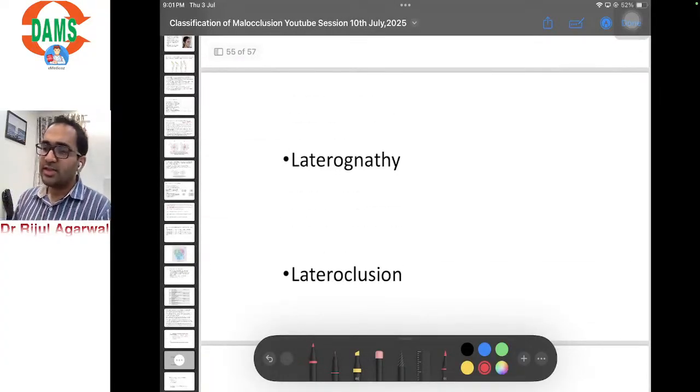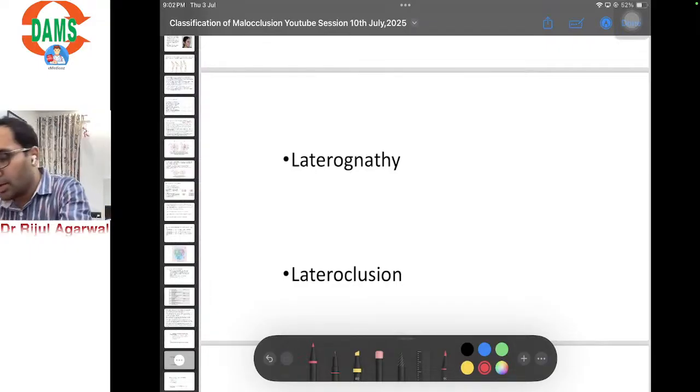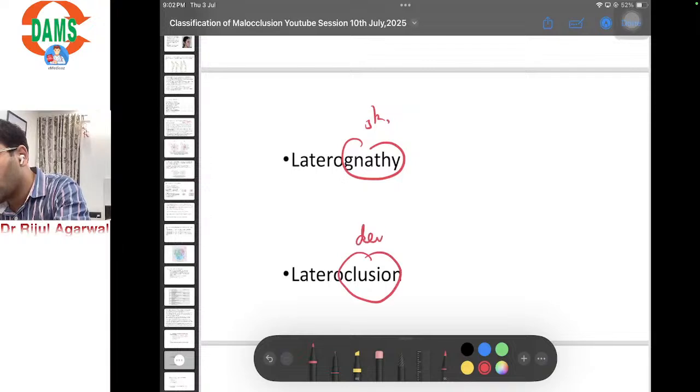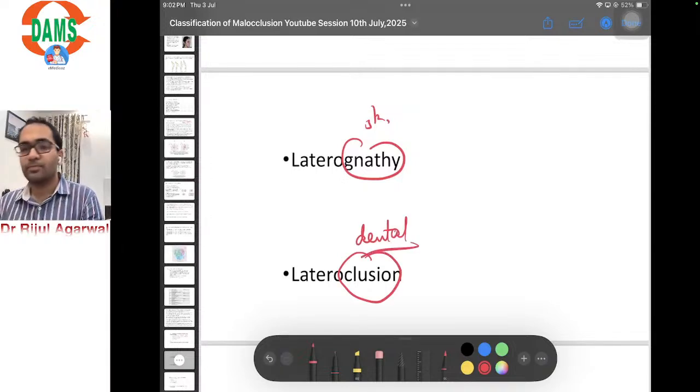Next two terms, laterognathy and lateroocclusion. Gnathy is related to skeletal, occlusion is related to dental. I have already told you about true and pseudo class 3.